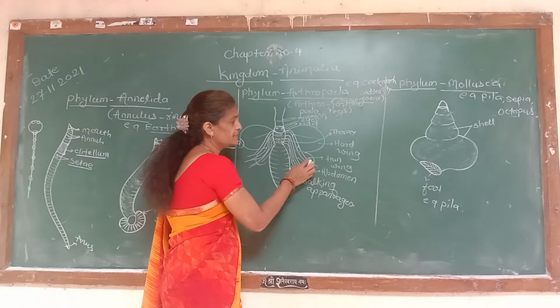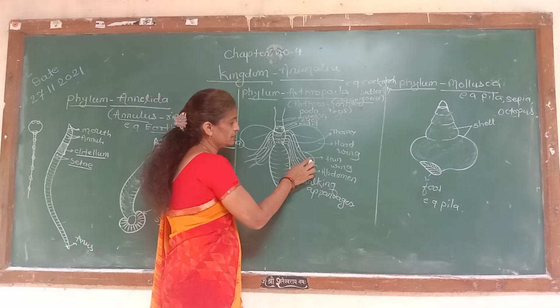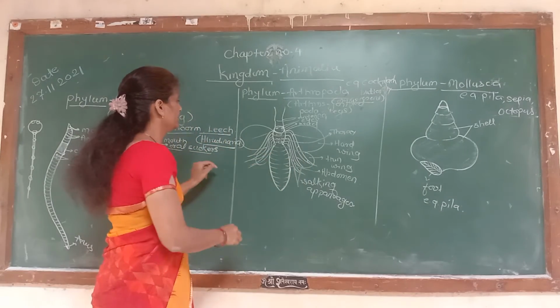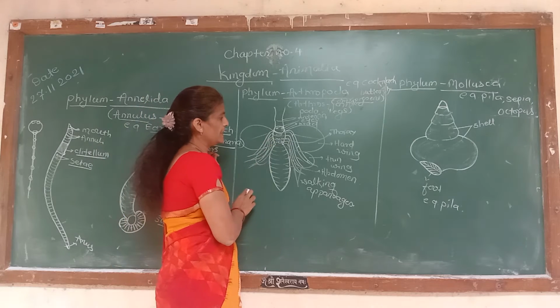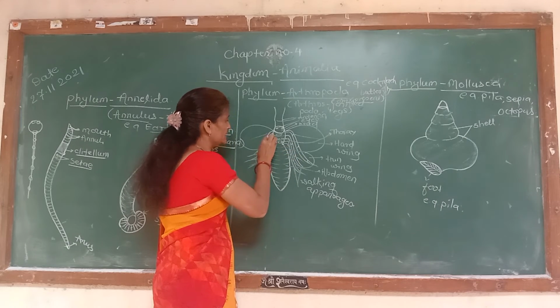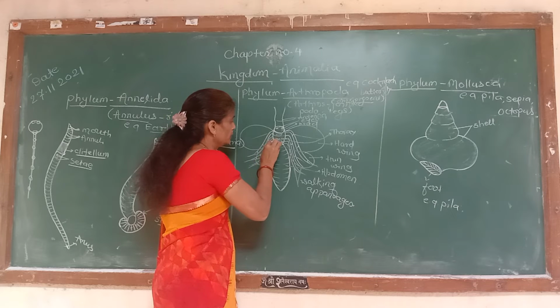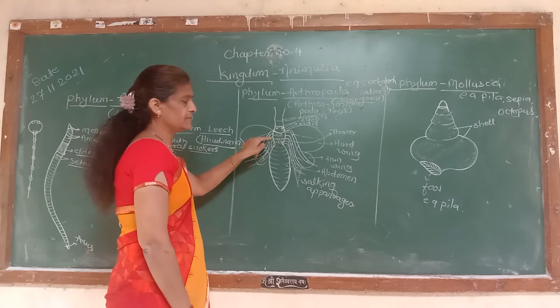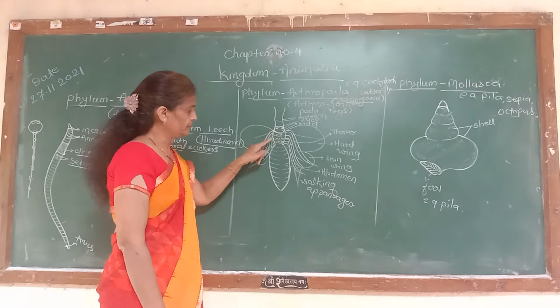The second pair is thin and transparent and is not useful during flying. Three pairs of legs are present, and the legs show jointed appendages. So both the organs, legs as well as wings, are present in the thoracic region.